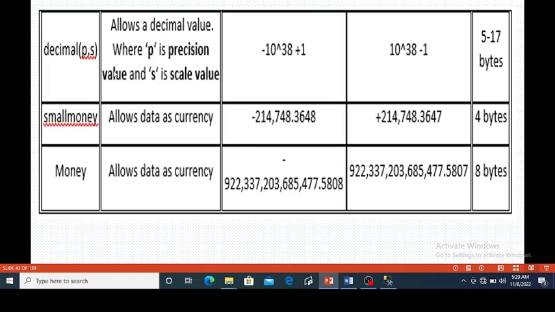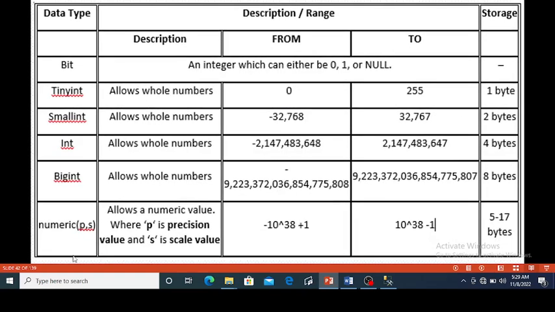Then we have decimal. Decimal(p,s) allows a decimal value where p is the precision value and s is the scale value. We have seen it, this one is also similar to the previous one.